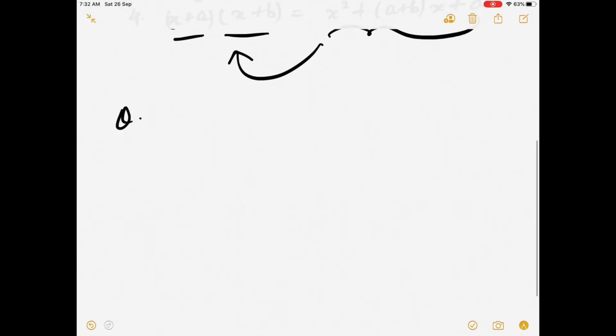First example will be (x plus 3) into (x plus 3). How are we going to solve this question? What identity do we use?